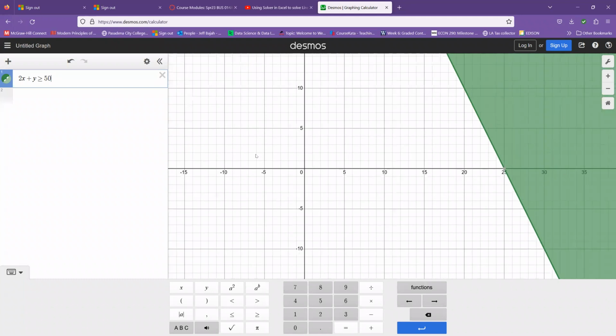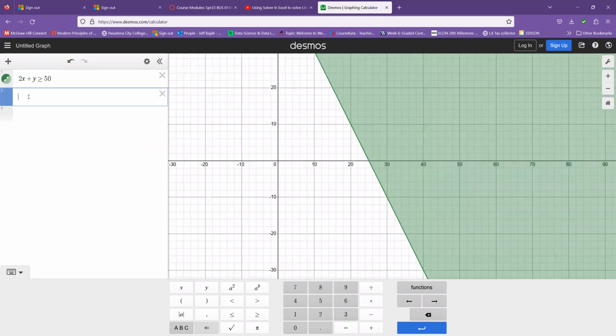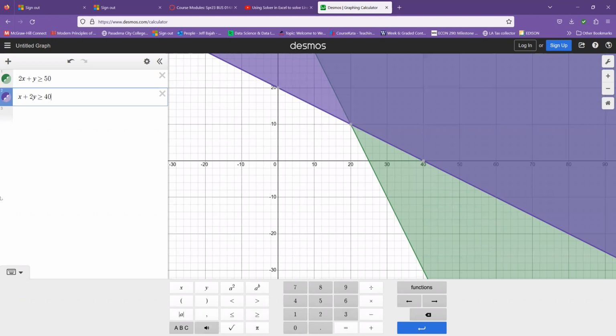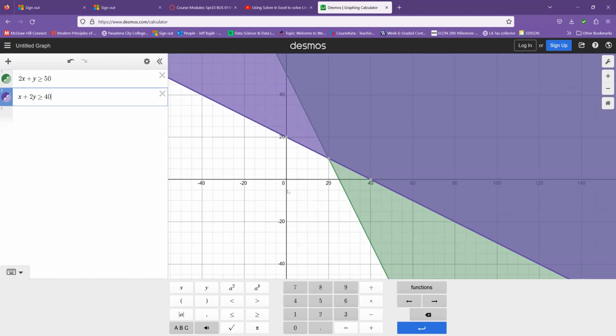So you can see where it is. Now I can do the second one. That one, the second one says x plus 2y is greater or equal to 40.